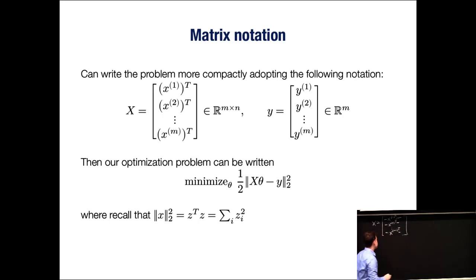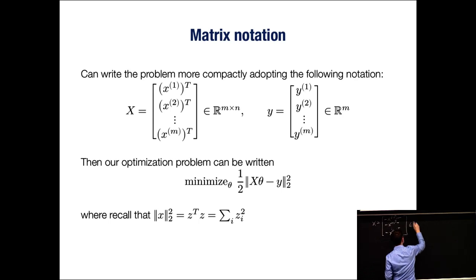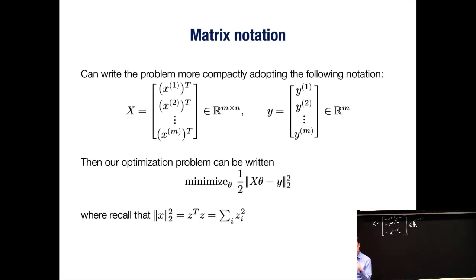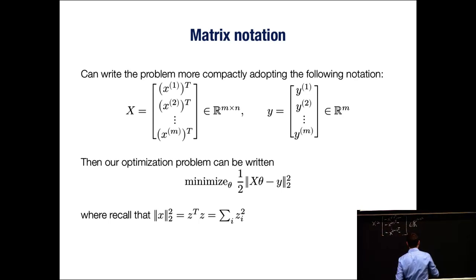So this is an M by N matrix, right? Because we have M different examples, so M rows, and each input vector has N entries, so there are N columns in this matrix. We're also going to define a vector Y, which is the same thing just for the Y's.